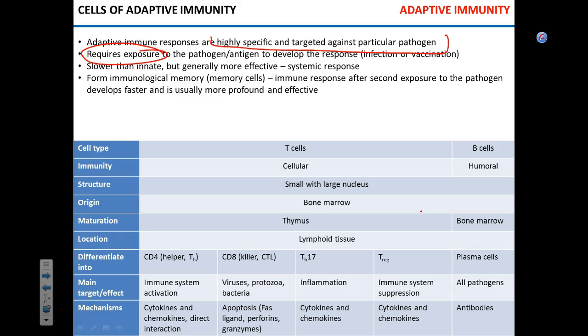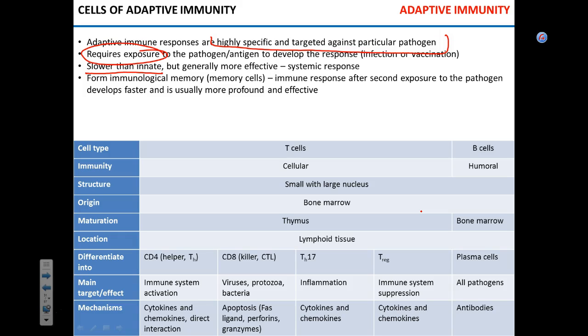So to some extent you can make an analogy with broad and narrow spectrum antibiotics. Your innate immunity will respond to everything, but rather non-specifically. Your adaptive immunity will recognize a very particular microbe, all right? And of course that exposure requirement makes it slower.